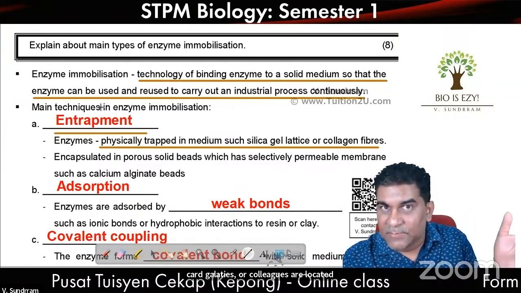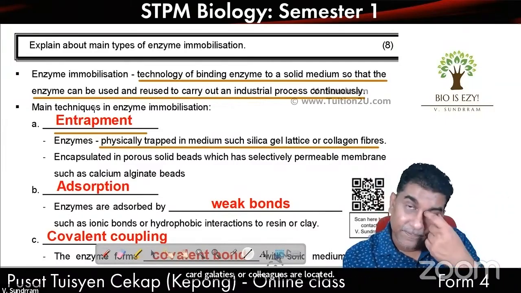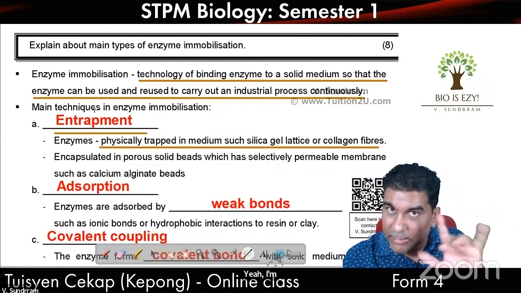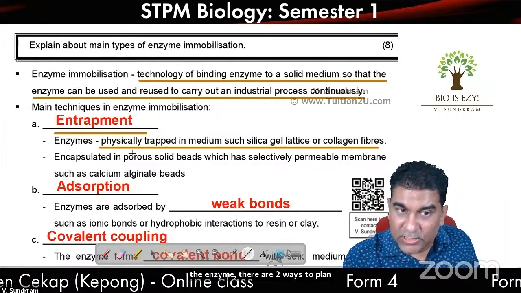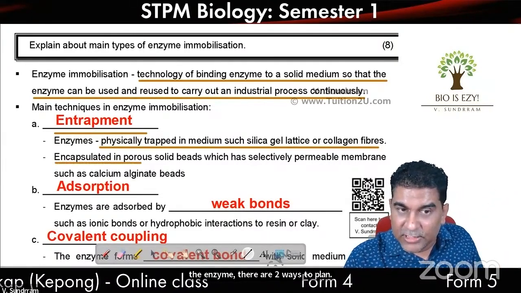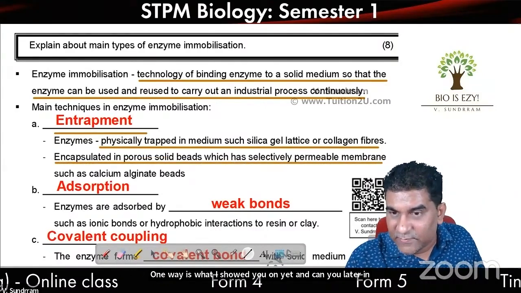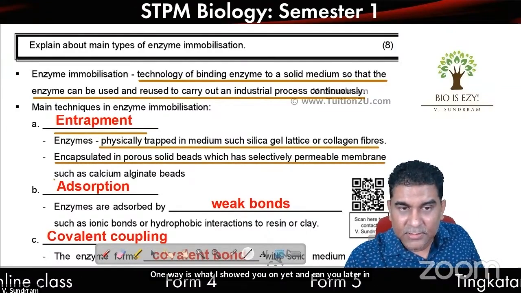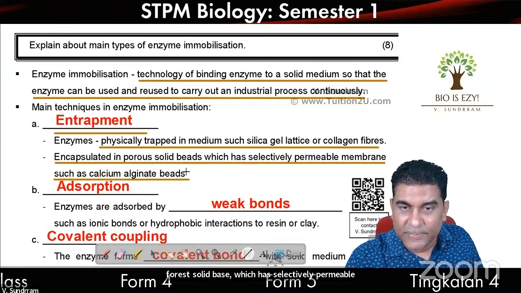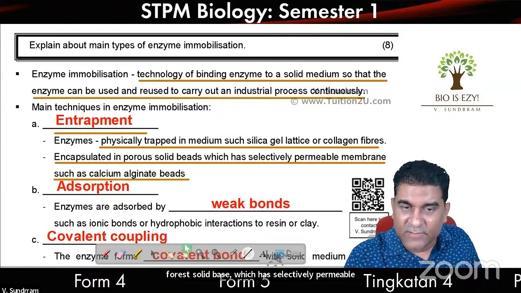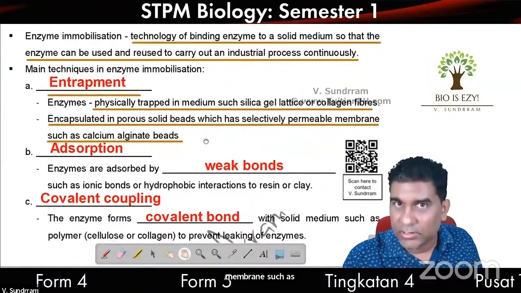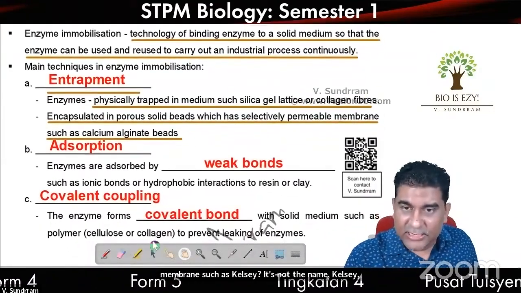Entrapment means, as the name suggests, you trap the enzyme. There are two ways to trap. One way is what I showed you earlier, encapsulated in porous solid beads, which have a selectively permeable membrane, such as calcium alginate beads. Now, the name calcium alginate, if you can remember, okay, write it. If not, just write up to here, enough.